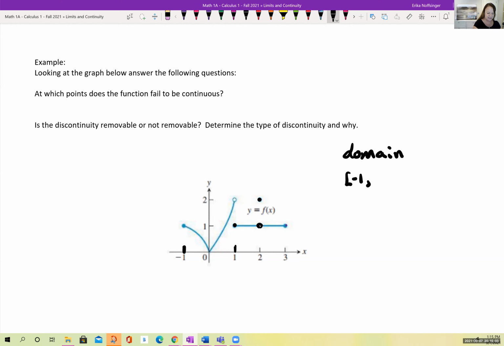So I see that this is looking at all of my x values between -1 and 3. But where am I having problems? Well, notice that at x equals 1, there's a jump in my graph.